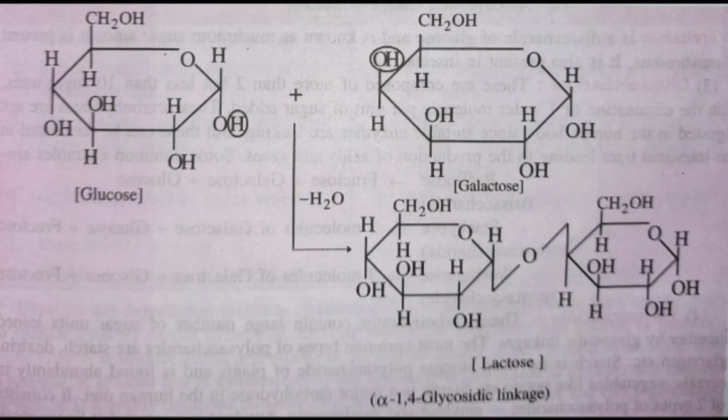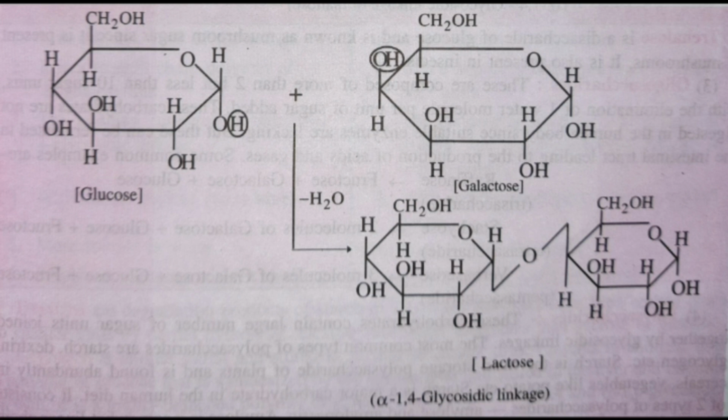After the sucrose, we are going forward with the structure of lactose. In the structure of lactose, one glucose unit and one galactose unit are joining together. Lactose, or milk sugar, is another important disaccharide made up of glucose and galactose.